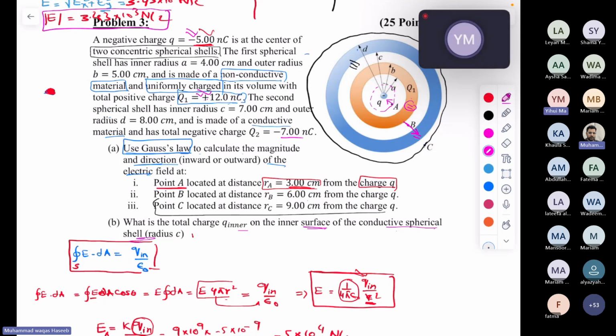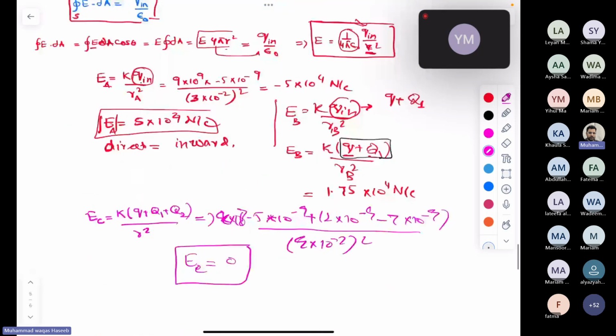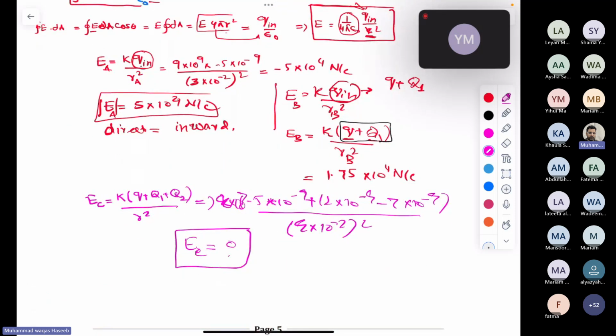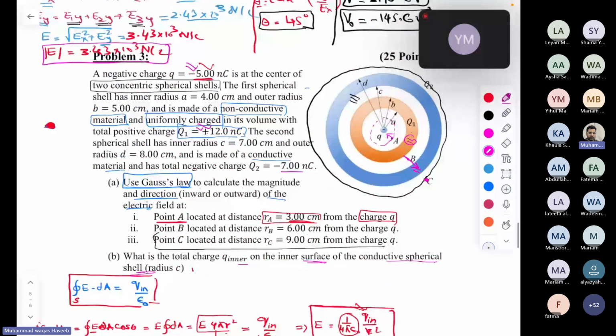So the net charge will determine the direction. At this point, the electric field is 0, so there is no direction.